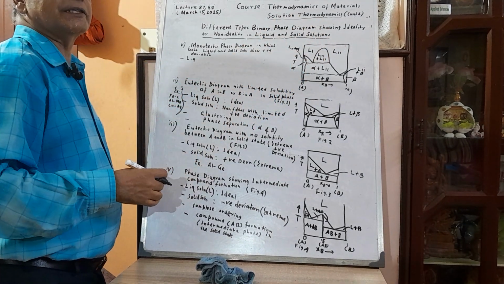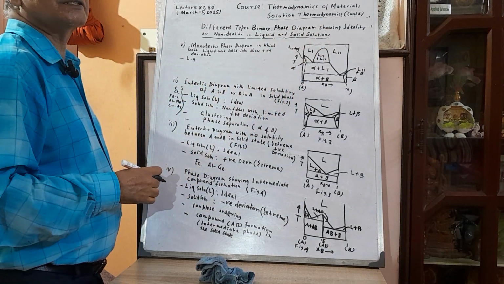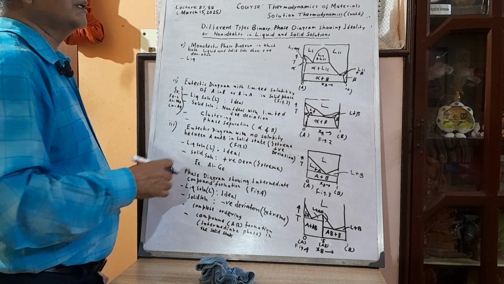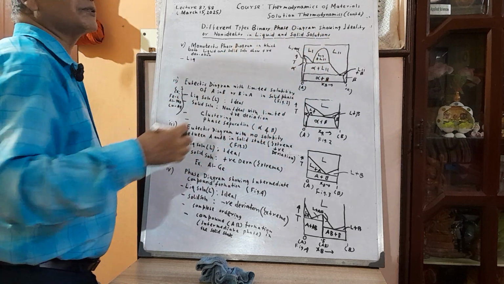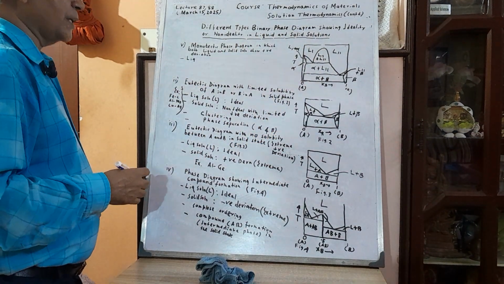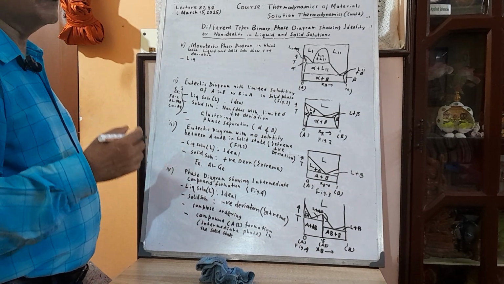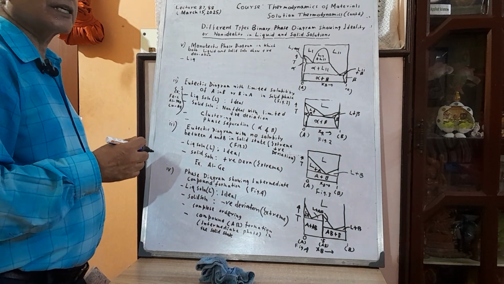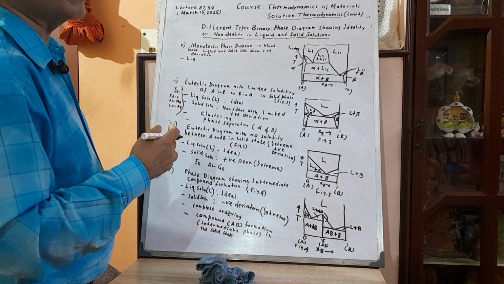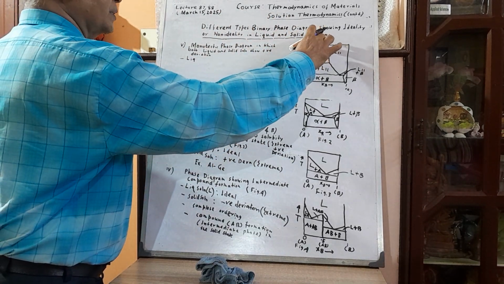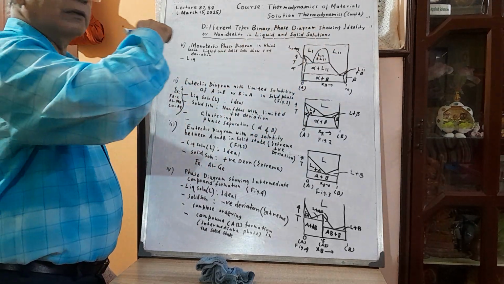This is ideal behavior, and there is no phase separation above this maximum point. As temperature decreases, phase separation starts. The extent of deviation decreases as temperature increases. So after this, no deviation, and it tends to be an ideal solution. So single phase; above this, only liquid. At the top of the dome, only liquid.